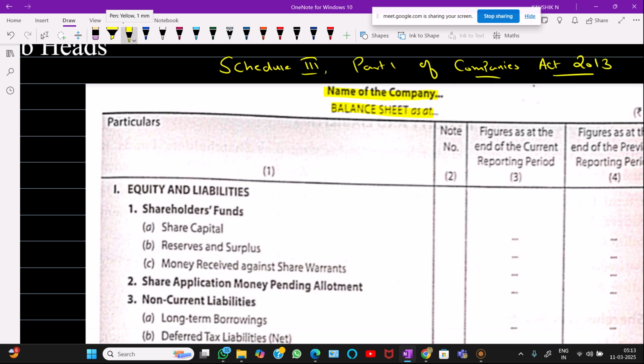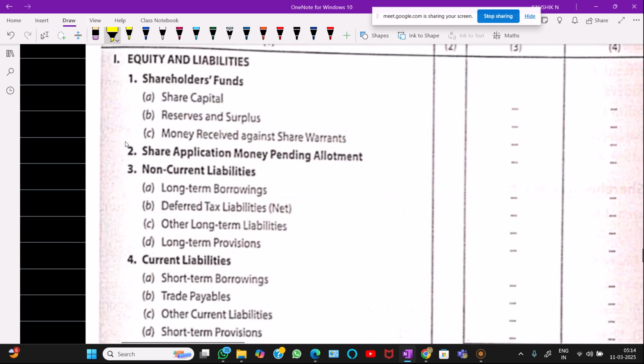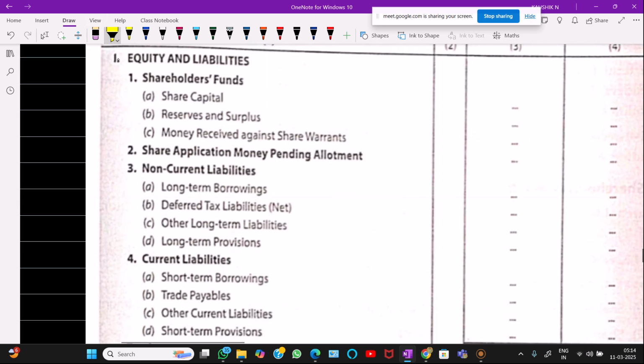So, based on the guidelines given by the Companies Act 2013 under Schedule 3 Part 1, we are preparing the balance sheet format. In this format, the first category is for your liabilities, but it is not just liabilities, it is equity and liabilities.